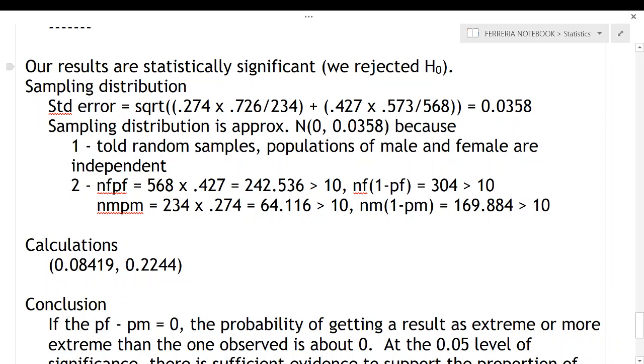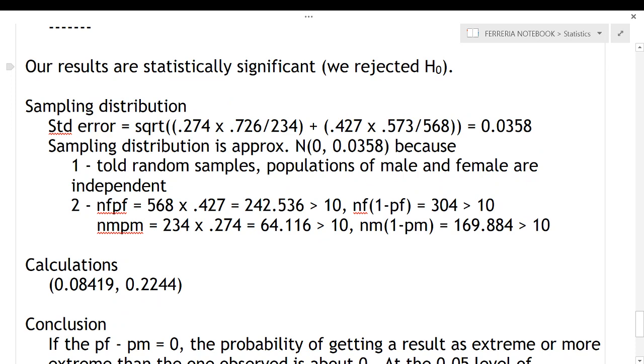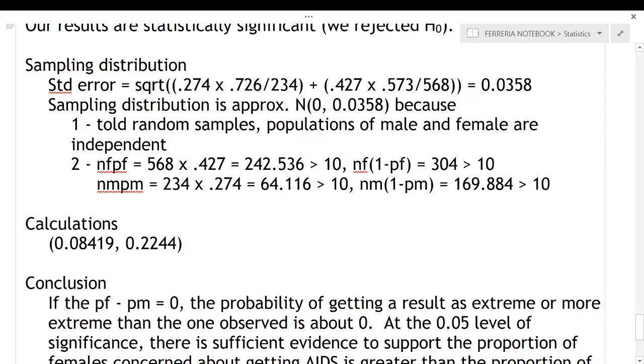For the sampling distribution, is it 0? No, it's not. You're right, thank you.